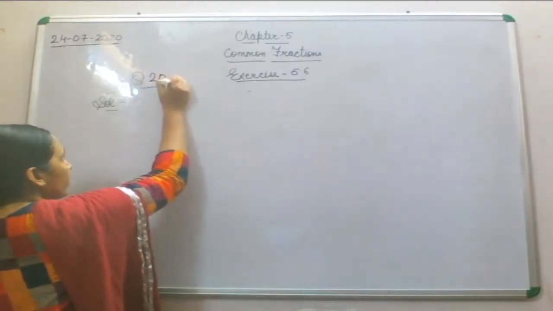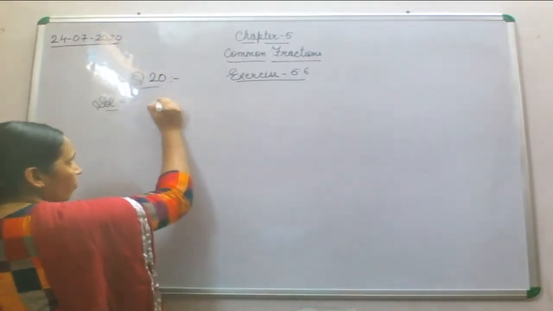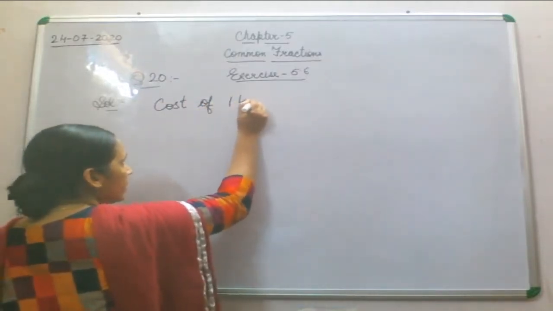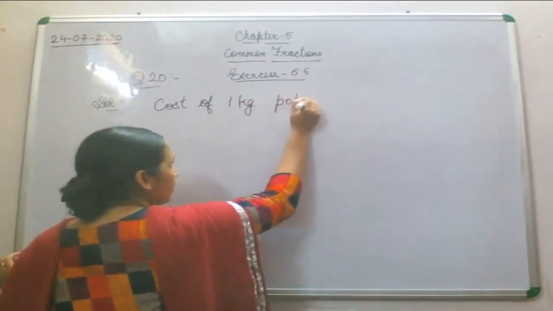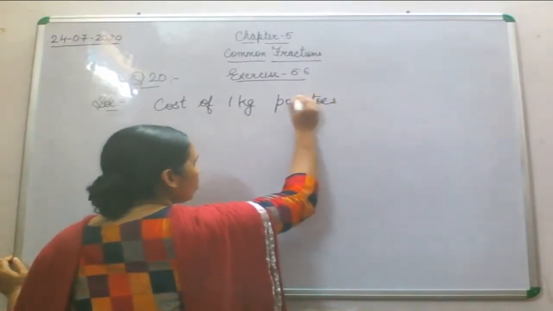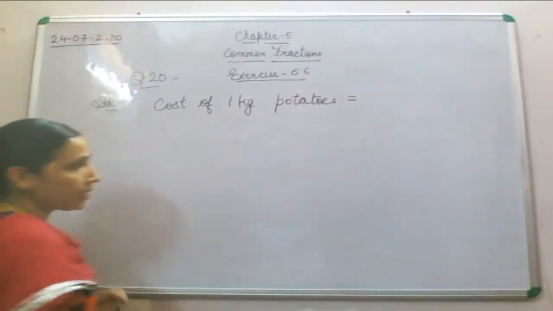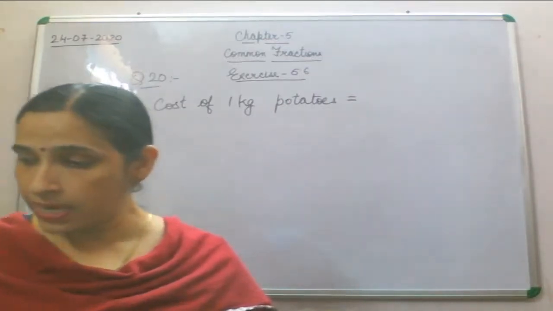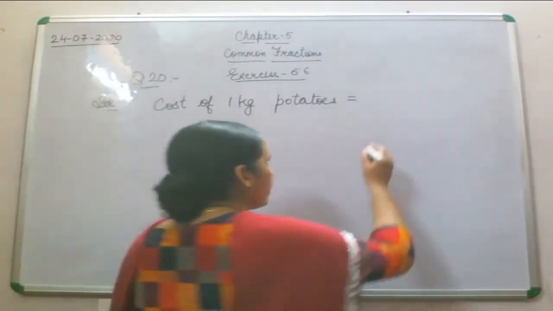Now question number 20 is, the cost of 1 kg of potatoes has been given to you. What is the cost of 1 kg of potato? Yes, that is rupees 16.